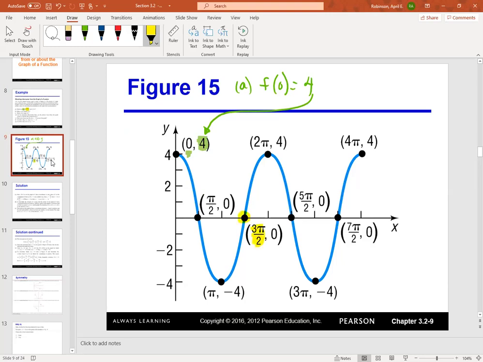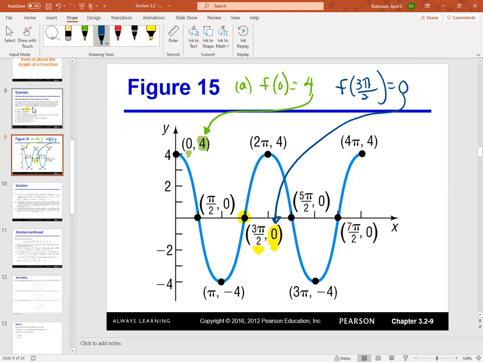That's this point, 3 pi over 2. I meant to underline that, sorry. So f of 3 pi over 2 would be 0. So for the second part, that's going to equal 0, which is here.